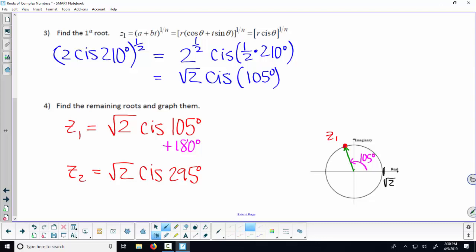So it would be directly across here. And that would be my second root. So this distance between roots is 180 degrees. So the angle of your first root gives you your first solution, and then you can just add the spacing from there.